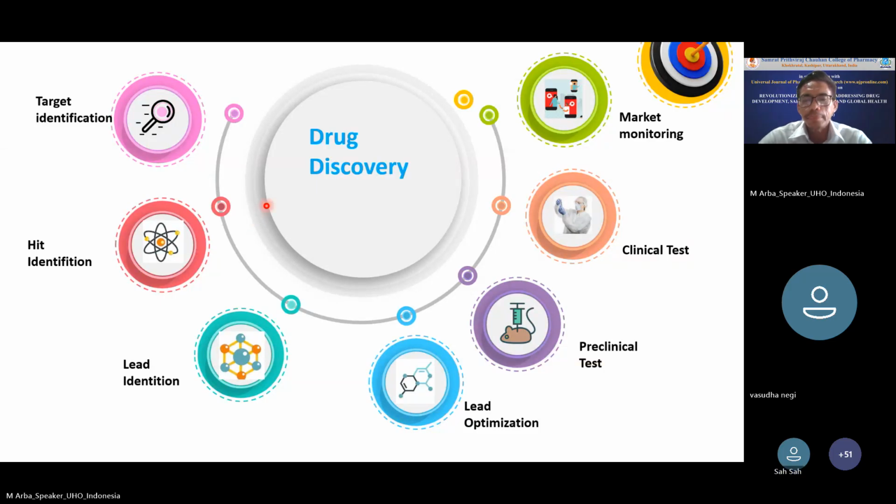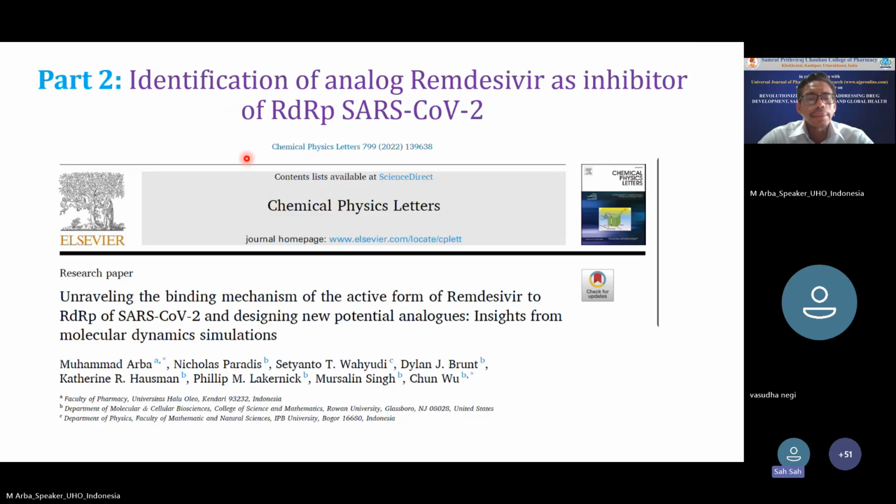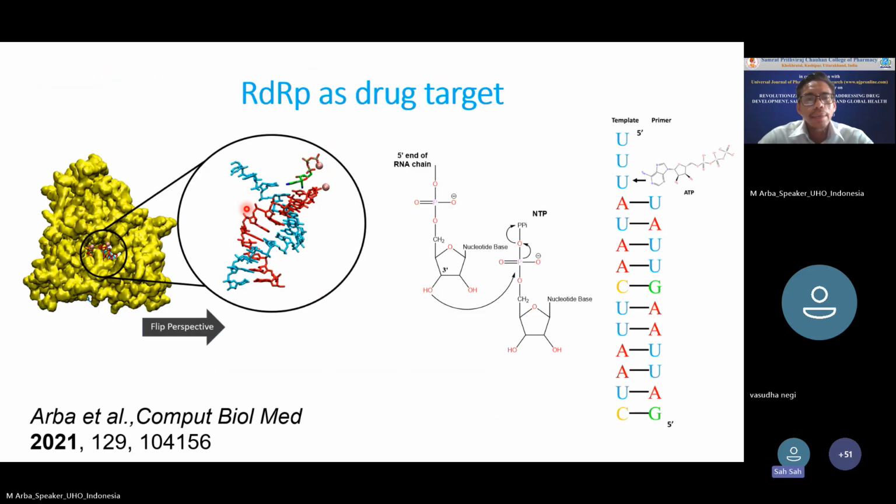First, I would like to present our work on identification of analogs of remdesivir as inhibitors of RdRp of SARS-CoV-2. RdRp is a very important drug target as it exists only in the virus and not in humans. And remdesivir is very well known for targeting this RdRp.